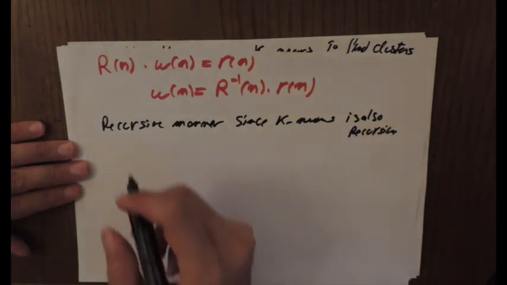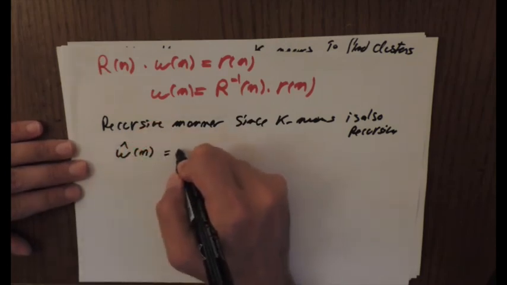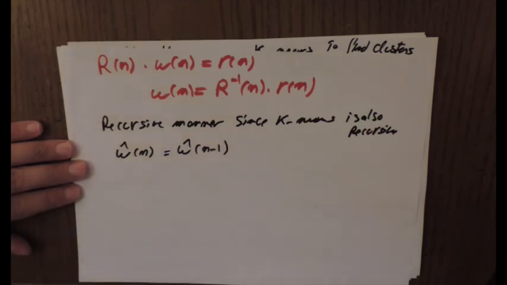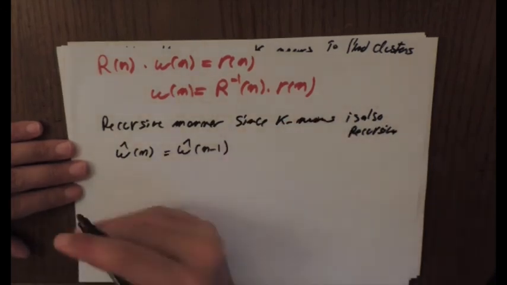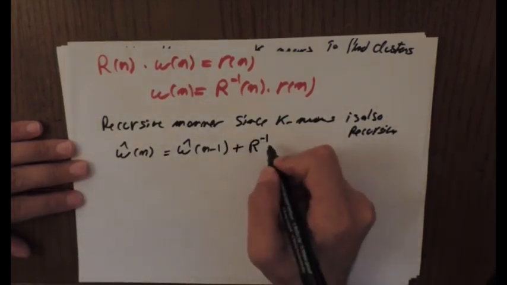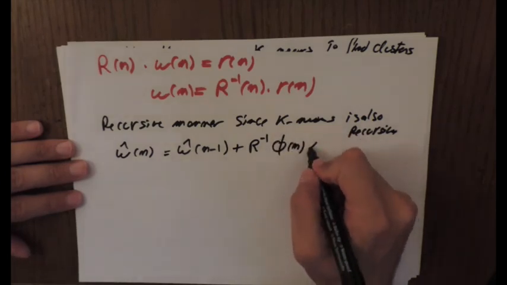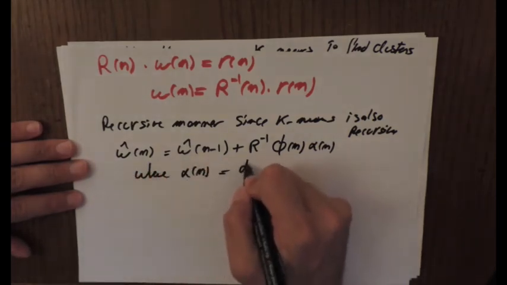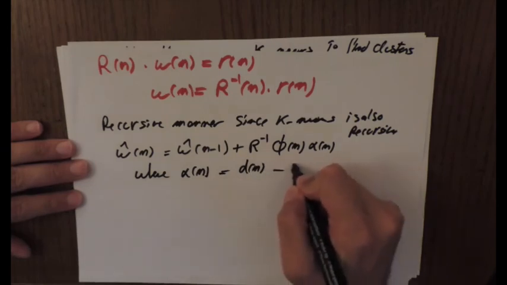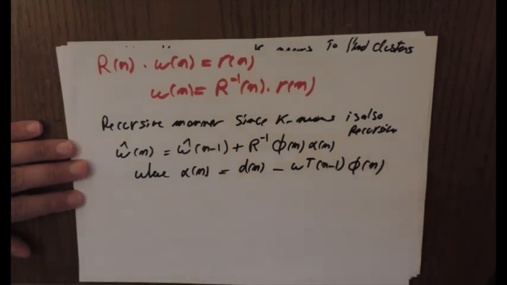And we end up with an intermediary step, which is W n is equal to the previous value, because the current value depends on the previous value, W of n minus 1 plus R minus 1 phi of n alpha n, where alpha n is equal to d of n minus W transpose of n minus 1 phi of n.